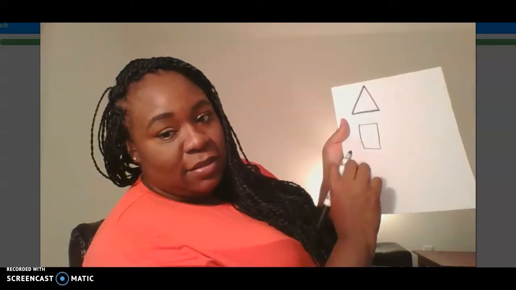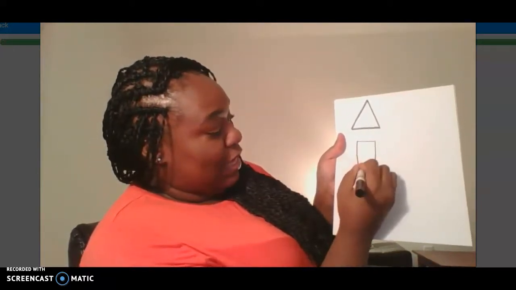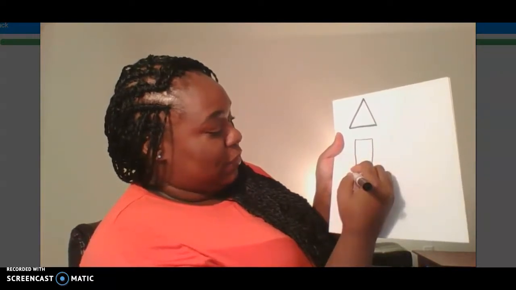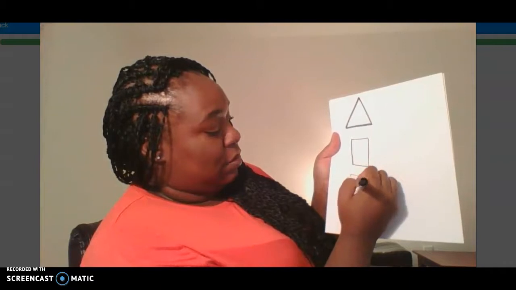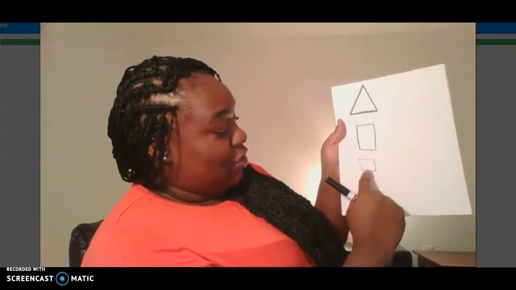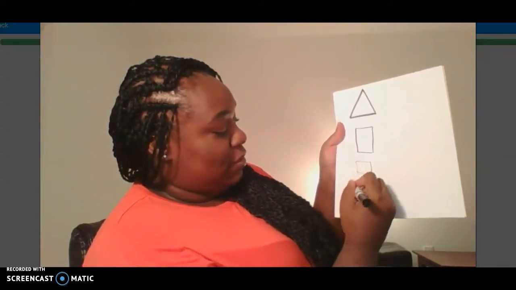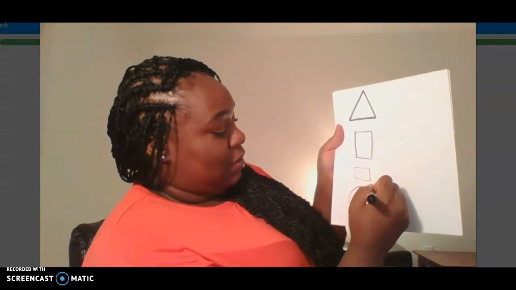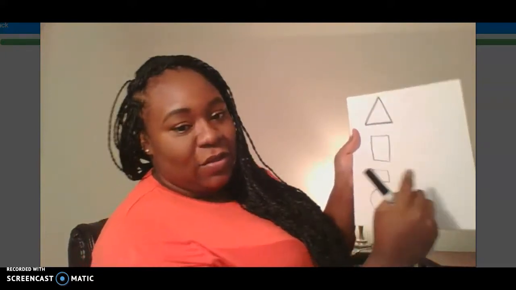What is that? A rectangle has two long sides and two short sides. What's this one? That's a square. A square has four sides that are the same. One, two, three, four. And what's this? A circle. A circle goes around and around.